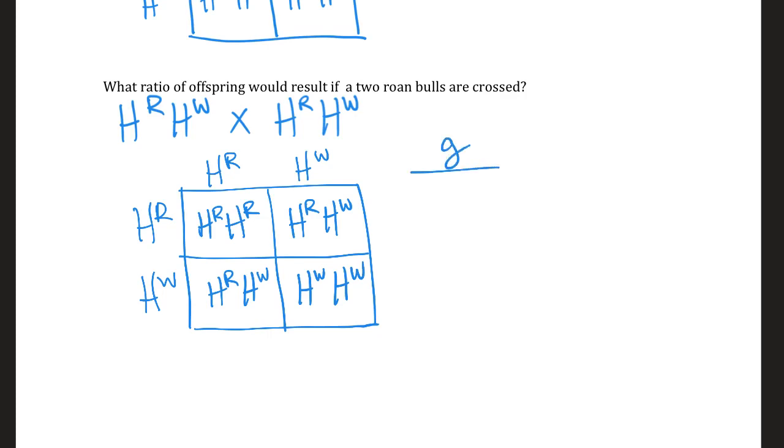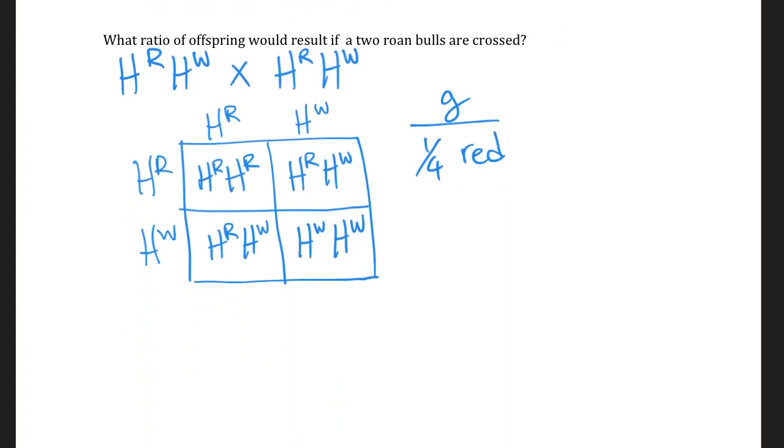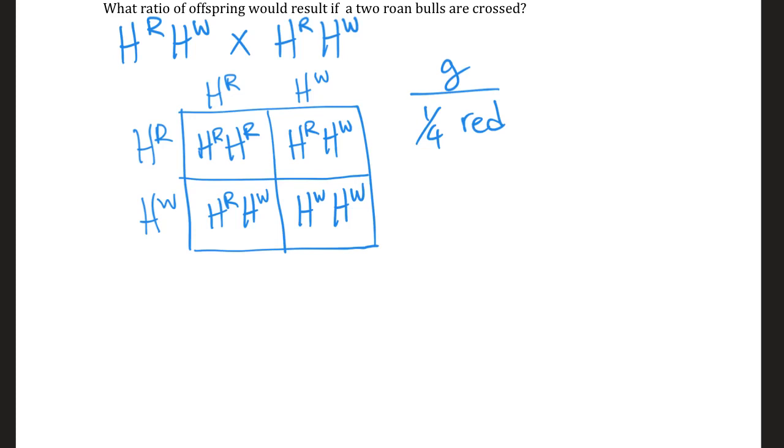Now I'm getting lazy. Genotypic ratio. Looks like it's going to be a quarter red bull, and we've got 1/2 roan, and then 1/4 white.